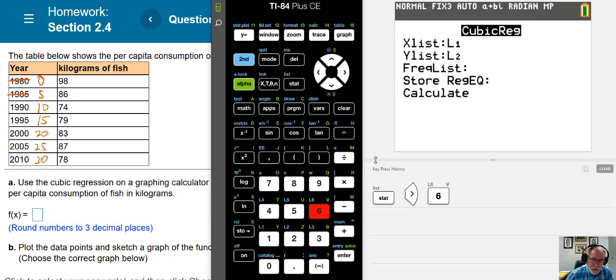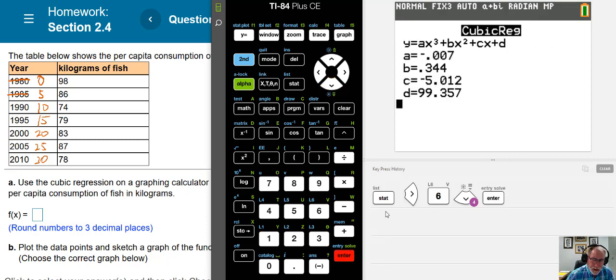Now I've already entered my values, so L1 and L2 are where I entered my values. I can scroll down to Calculate and press Enter. Now that's all there is to it.